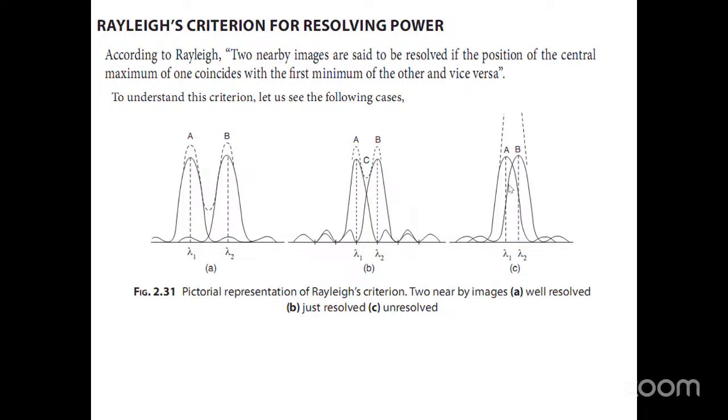Next, you can see the third figure. These are not resolved. These two are unresolved. Here you can easily observe the first maxima does not coincide with the first minima of the other, so these are unresolved.